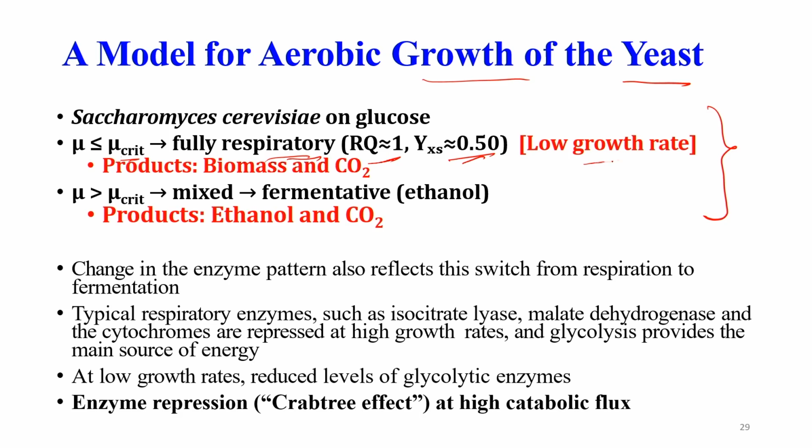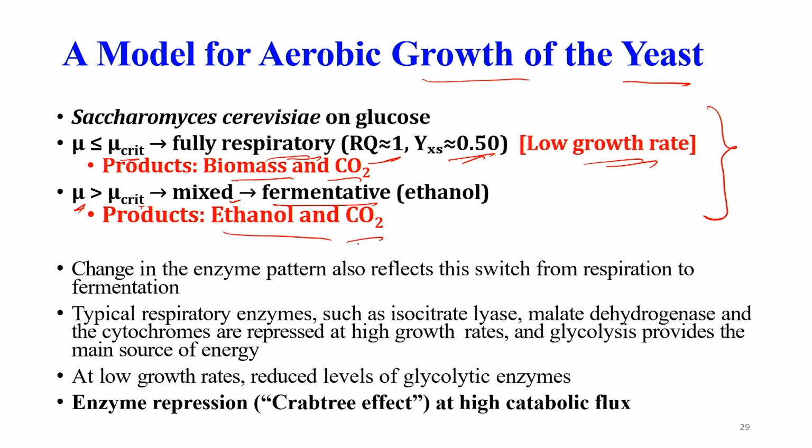So, it means a low growth rate, and the products of this process are biomass and carbon dioxide. But at the same time, if mu is greater than mu critical, we are going to see a mixed process, and particularly it is dominated by the fermentative synthesis of ethanol, and in this case the products will be ethanol and carbon dioxide.